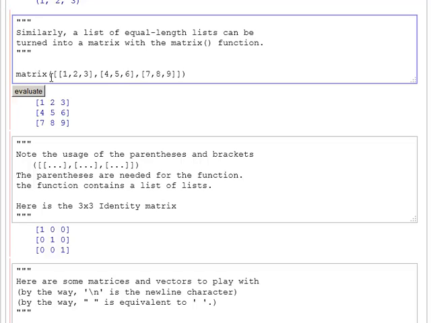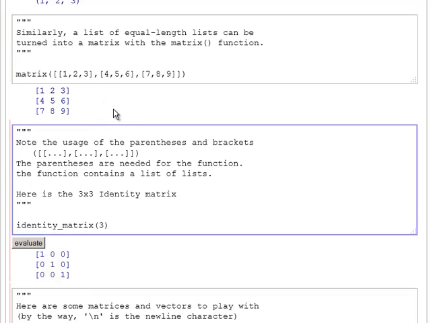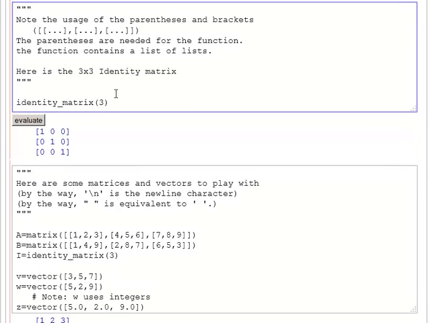The rounded parentheses are what are associated with this matrix function. So if I create a matrix out of this list of lists, it will be displayed like this, but it'll actually function as a matrix. And here I just commented some more about what I just mentioned verbally.